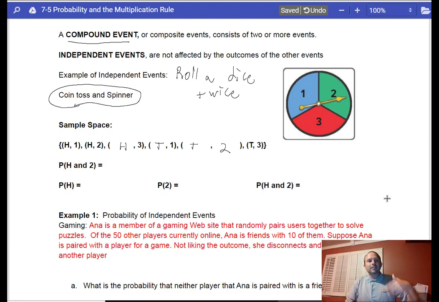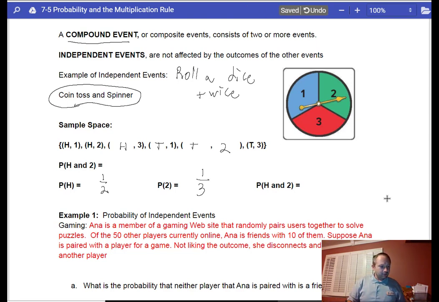So the probability of heads and 2 would be, let's think. So the probability of heads would be 1/2. The outcome that we want, the preferred outcome, is heads. There's one of them. And how many outcomes are there? 2. So it'd be 1/2. Now the preferred outcome of 2, spinning and getting a 2, would be 1 out of a total of 3.